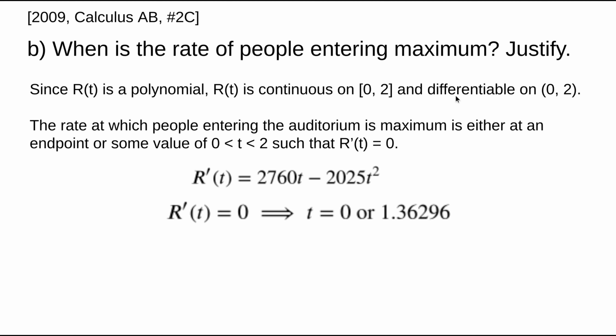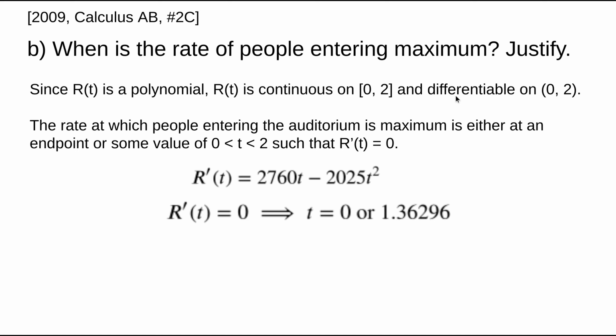Actually finding the maximum is probably going to require that we evaluate this function at that specific value of t. You don't want to round it now because your calculator might round it more when you plug it into the function. So in an intermediate step, you might want to consider keeping that decimal value to more than just 3 places. But those are the two possibilities when R prime of t is equal to 0.